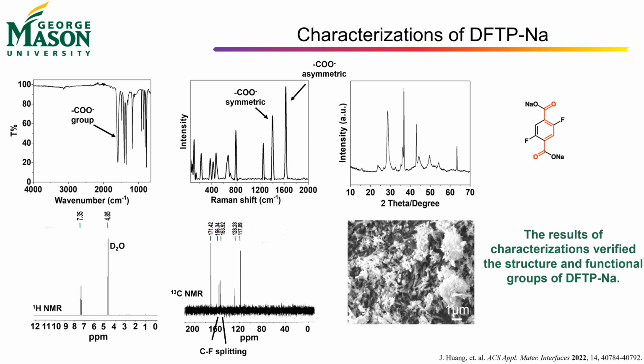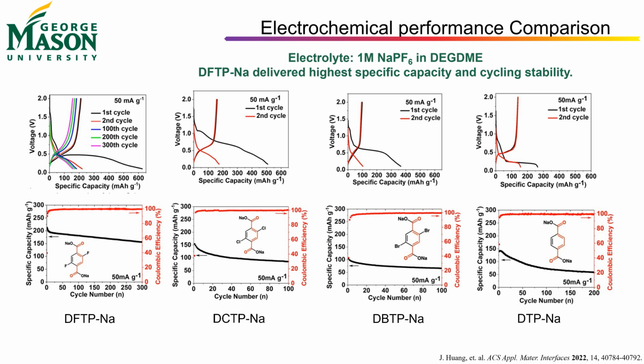It represents the symmetrical protons in the benzene ring of the compound, and from the carbon NMR, the two peaks at 153 and 156 represent the carbon connected with fluorine. The reason why there are two peaks is because of the carbon-fluorine splitting, which also proves the existence of the carbon-fluorine bond in the compound.